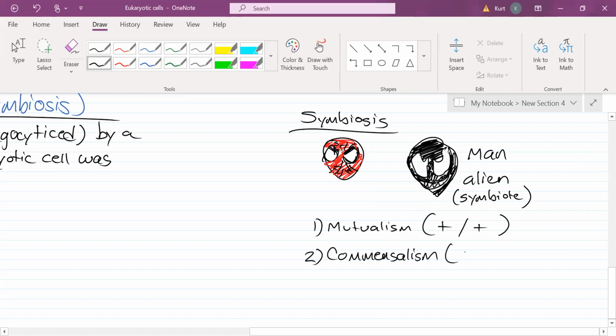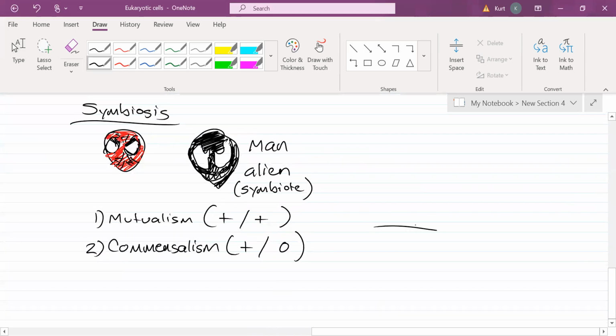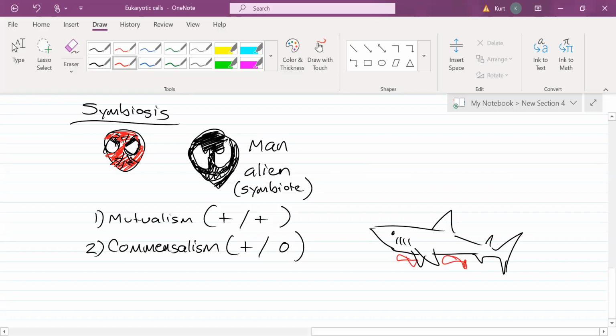In commensalism, you have one organism that benefits and another organism that doesn't benefit at all. So we say it's a positive, neutral relationship. An example of this would be sharks with remora swimming underneath them. So in nature, there's often these fish, and these fish are swimming along with sharks.